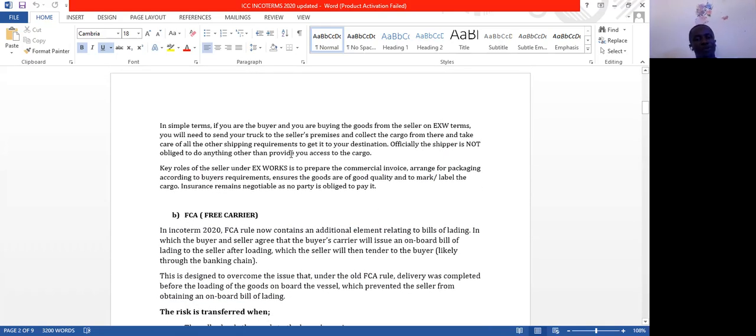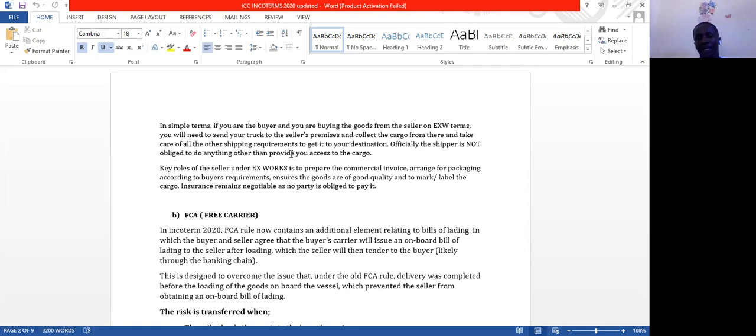So in simple terms, if you are the buyer and you are buying goods from the seller on Ex Works terms, you will need to send your truck to the seller's premises, collect the cargo from there, and take care of any other shipping requirements to get it to your destination. Officially, the seller is not obliged to do anything other than provide you access to the cargo.